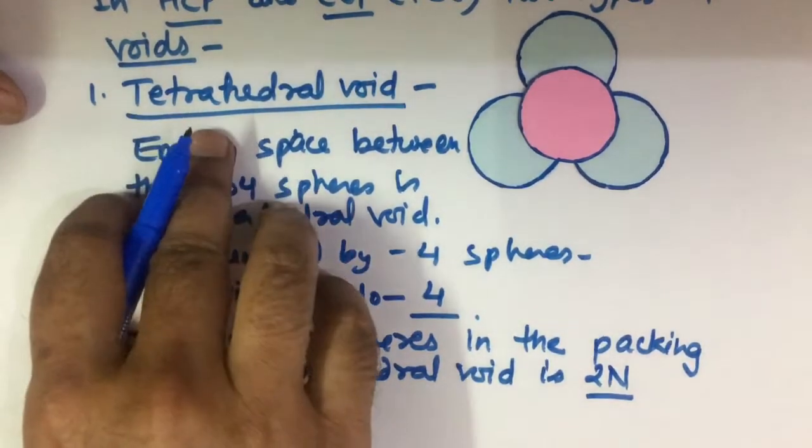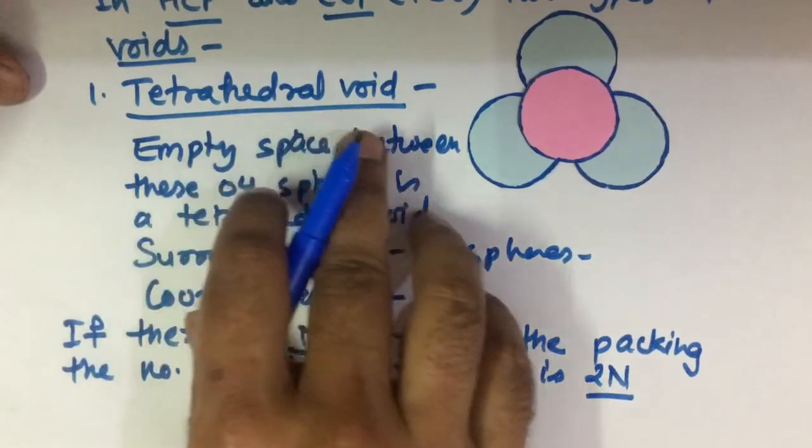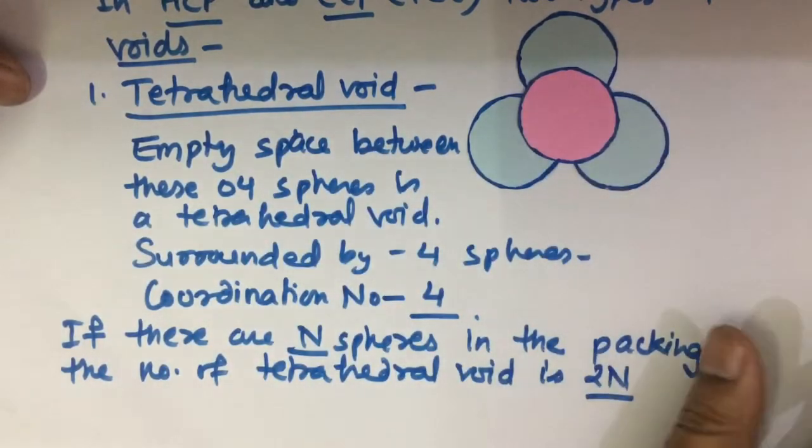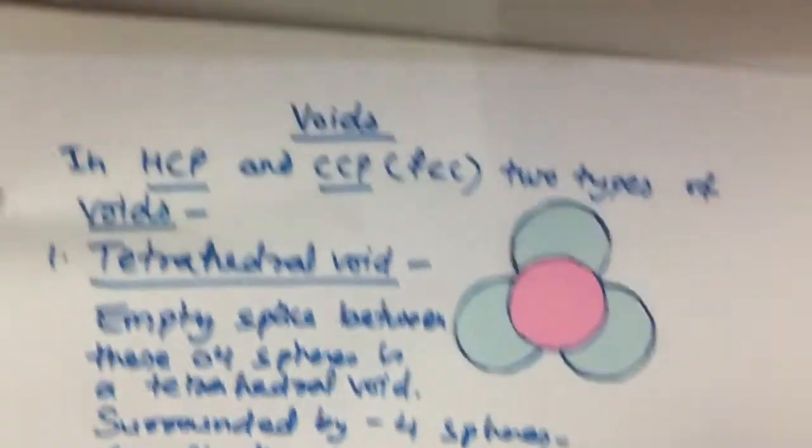This is the first type of void, that is called tetrahedral void. This is the figure of the tetrahedral void. Now the next type of void is octahedral void.